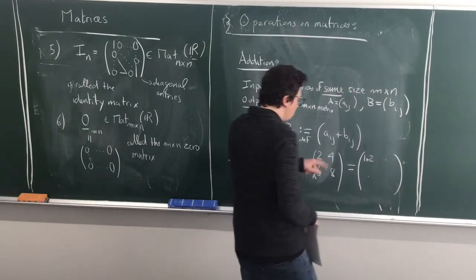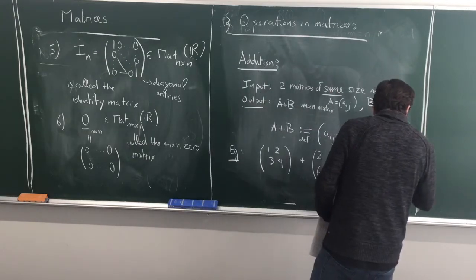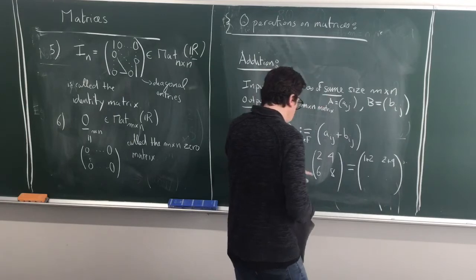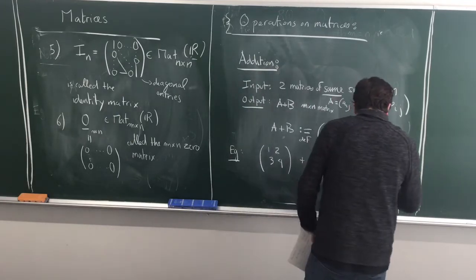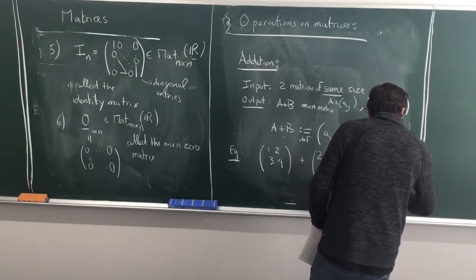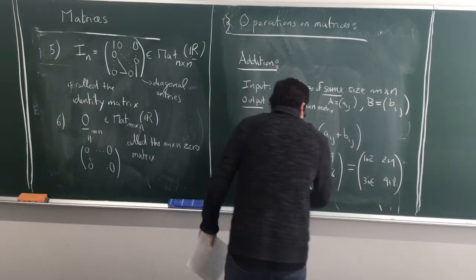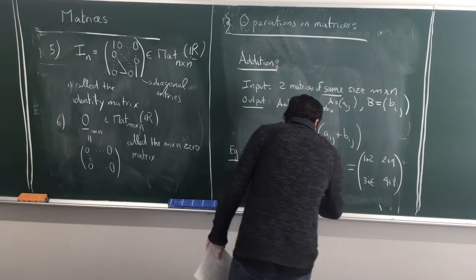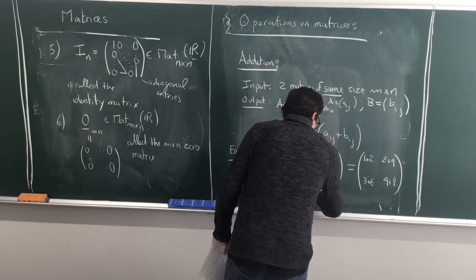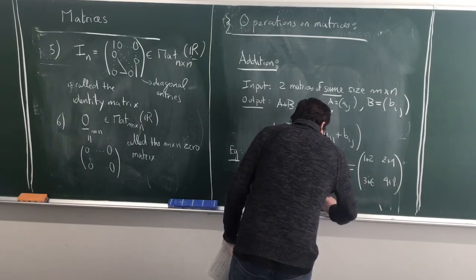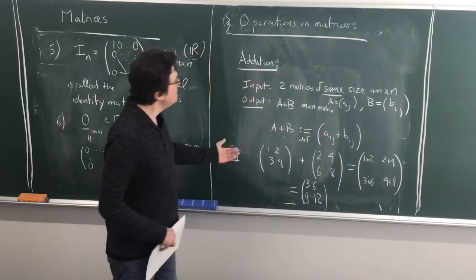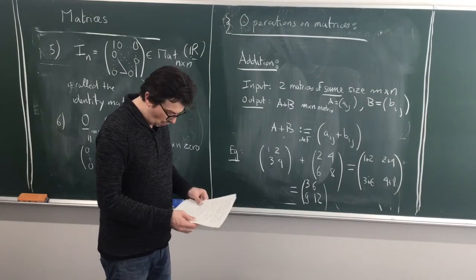This one, 2 plus 4. This one, 3 plus 6. And this one, 4 plus 8. Therefore, in this case, the matrix is just 3, 6, 9, and 12. Okay, this is the operation of addition of two matrices.